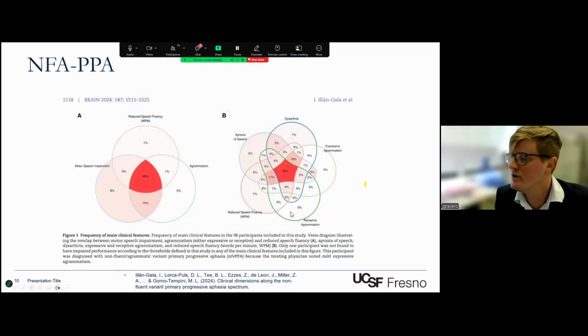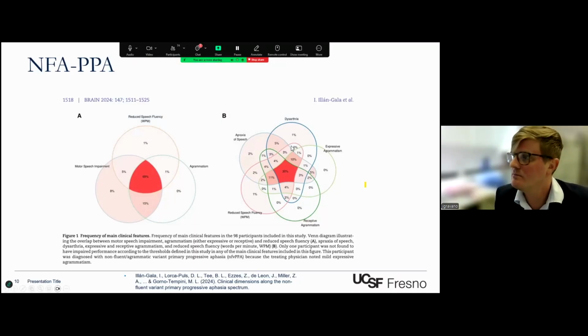It's important to note that the motor features are a bit variable and allowed in this framework. So you can have motor weakness and dysarthrias, you can have apraxias of speech, you can have reduced fluency, that halting effortful production. You can have receptive and expressive agrammatism.